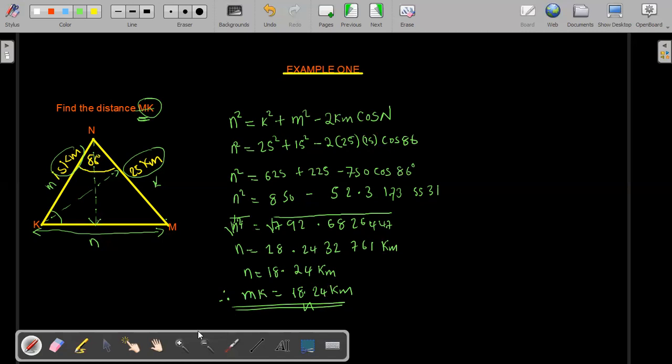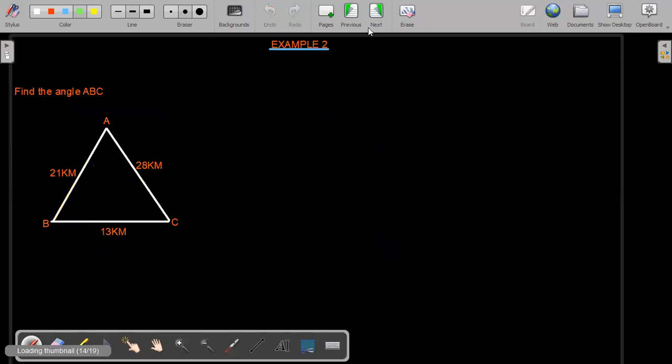All right, so quickly, let's look at the next one. So the next one now involves us looking for an angle. Let's hope these numbers work properly. So now let's take triangle ABC. We're looking for that angle.